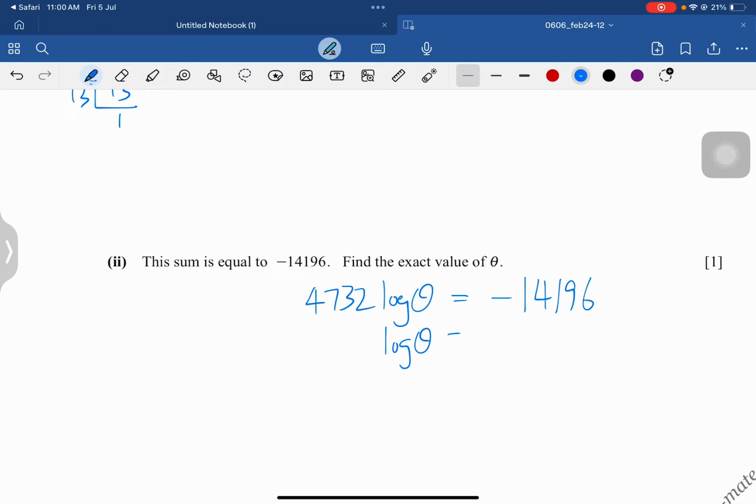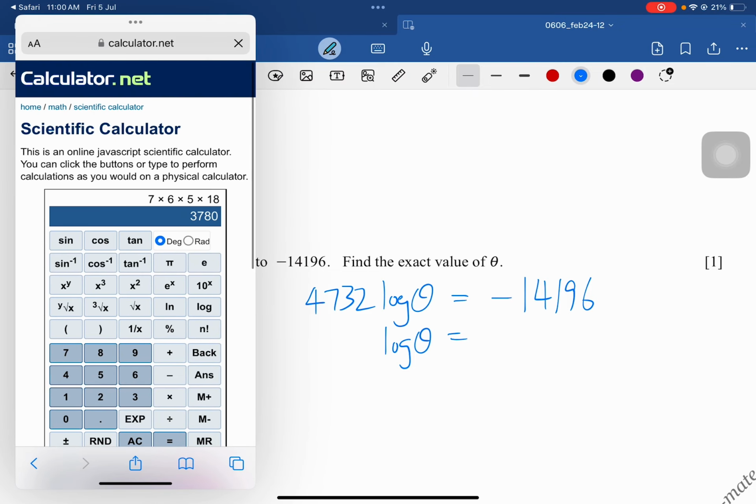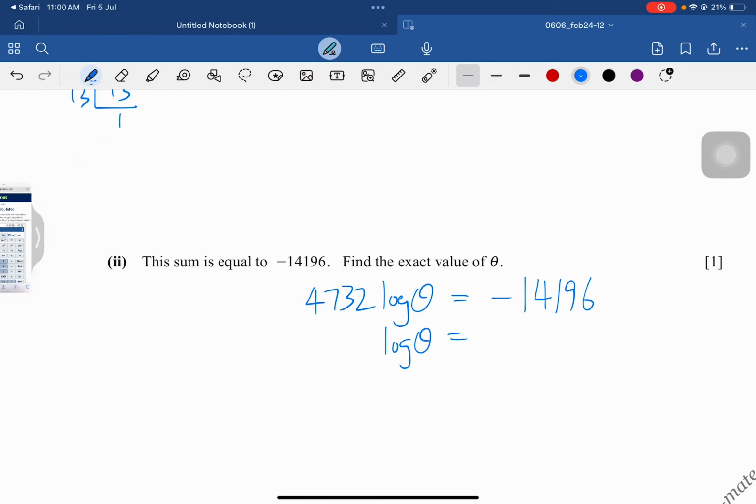Log theta is equal to minus 14196 divided by 4732, which is minus 3. Without writing the base, it is base 10. Throw the log, theta equals 10 to the power minus 3, which is equal to 1 over 1000.